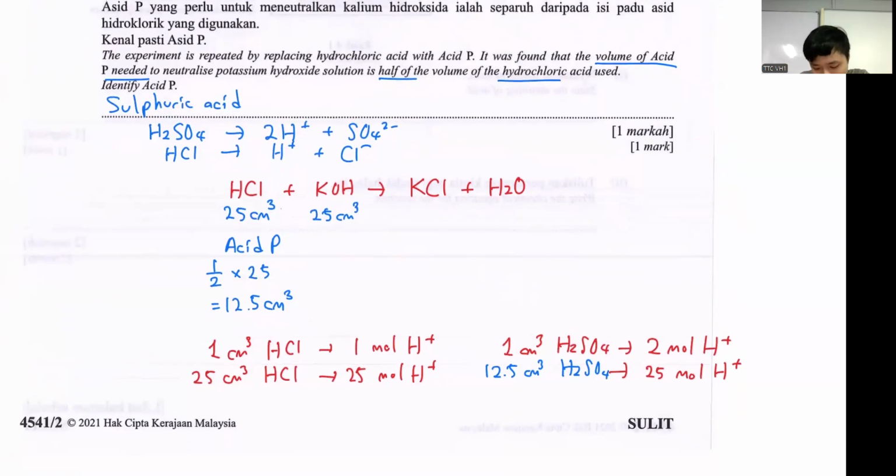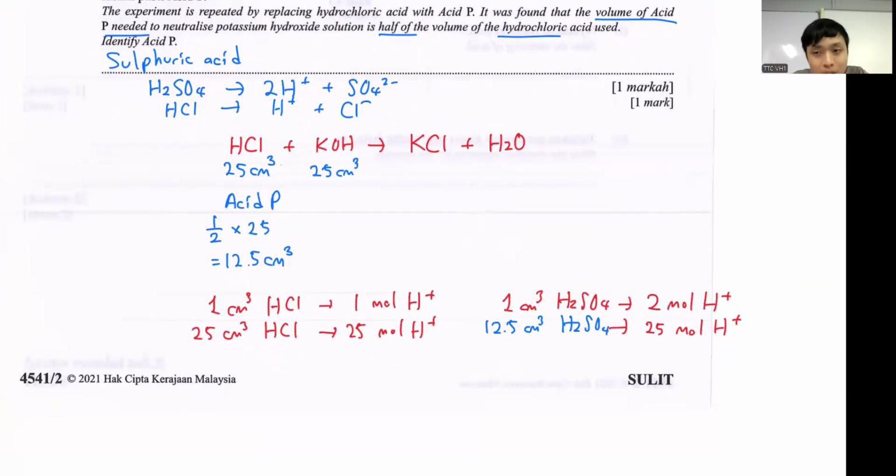Hydrochloric acid is a monoprotic acid. If I have only one acid molecule, I only produce one H plus. Let's say if I require 25 H plus to neutralize the alkali, I need 25 cm3 of HCl.